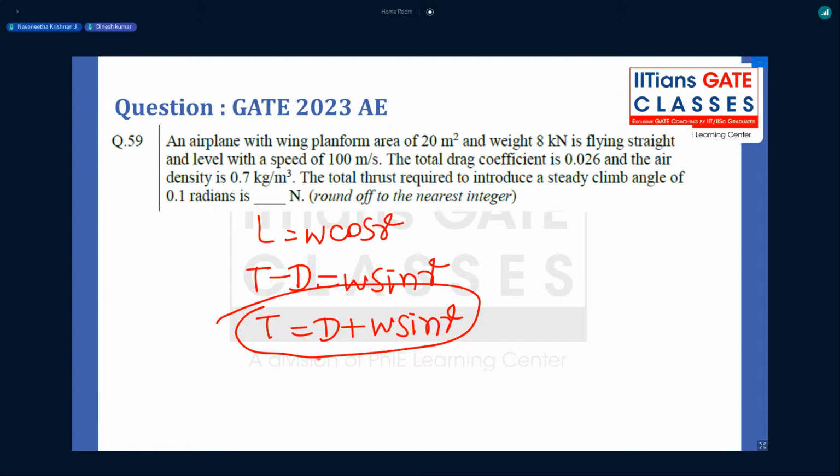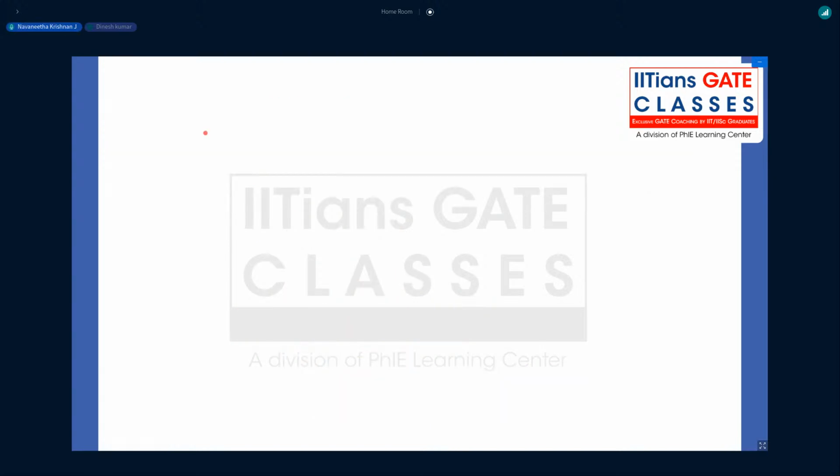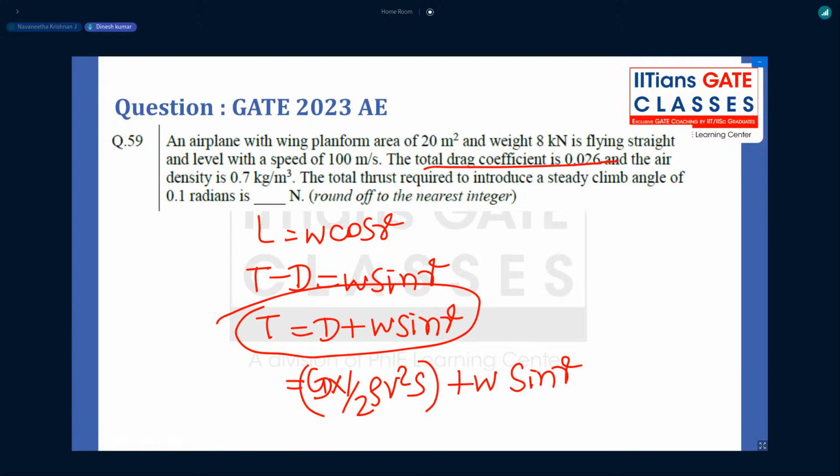What is drag? Drag can be written as CD into half rho V square S. Weight, it is weight only, sin gamma. Now CD, they have given the total drag coefficient as 0.026, into half.